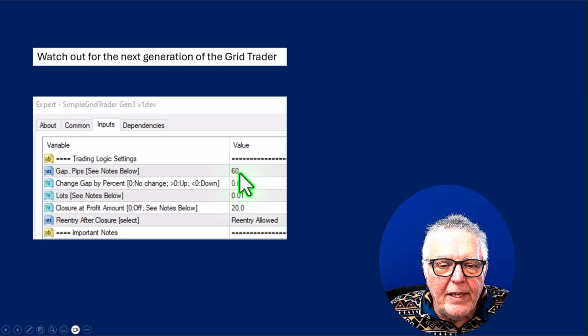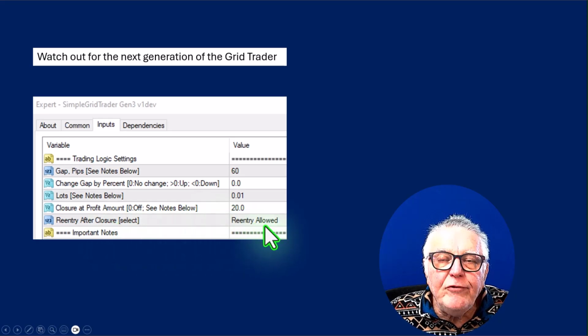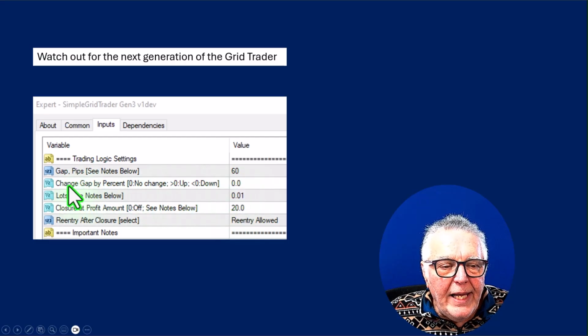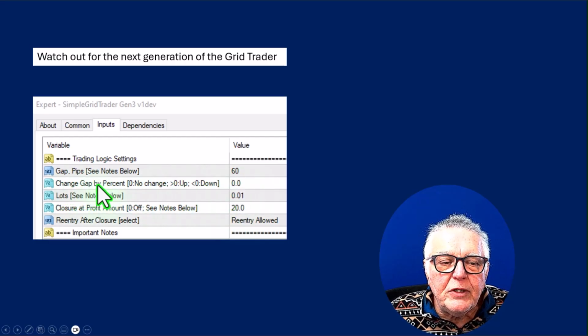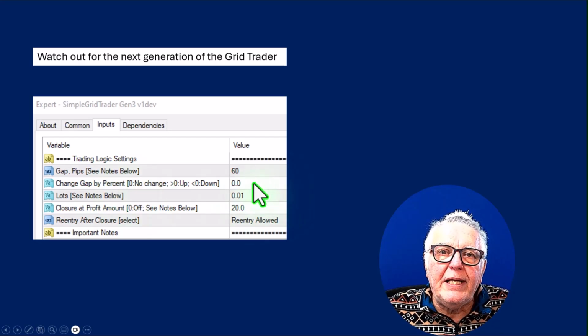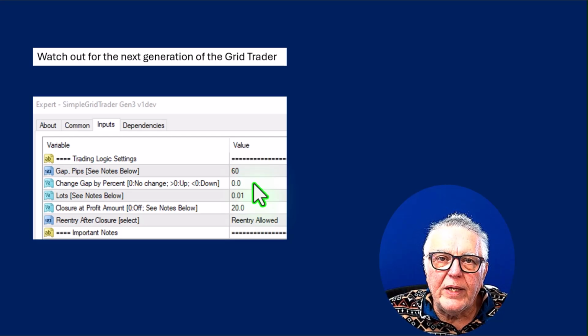It has the same grid size, it has the lot sizing, it has the closure amount and the re-entry amount question, whether you want to continue or stop. But we've added this change grid size by percentage setting. So what happens here is that the big danger with grid trading is that the price runs away in one direction or the other.